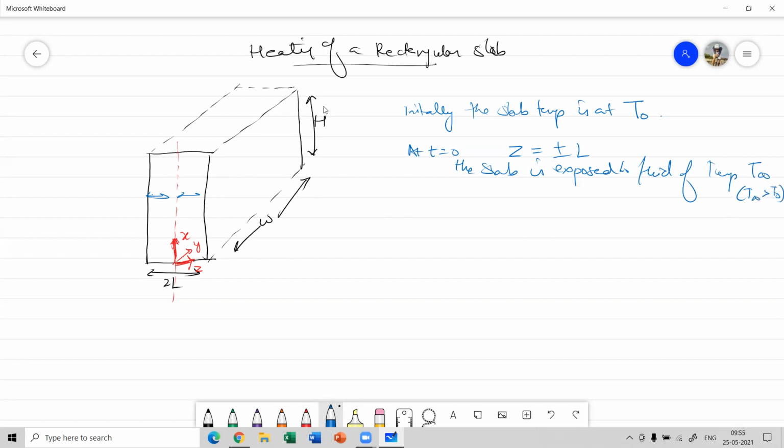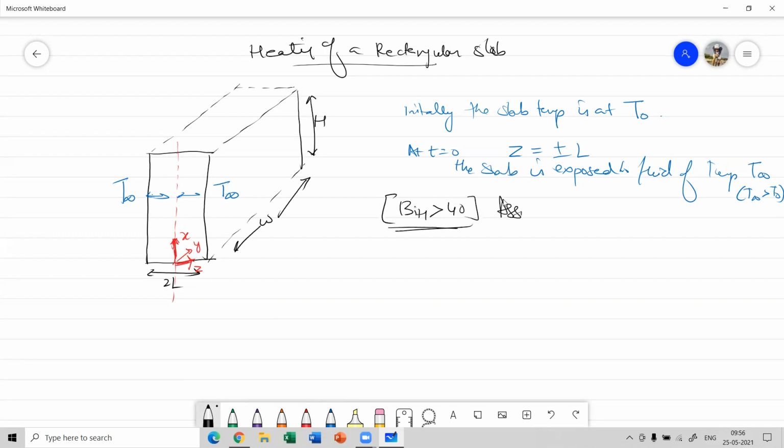That means on this surface and on this surface, both are exposed to a fluid which has a temperature T infinity. That means we can say over this side it is T infinity and on this side it is T infinity. Now we are assuming that the Biot number is much greater than 40.